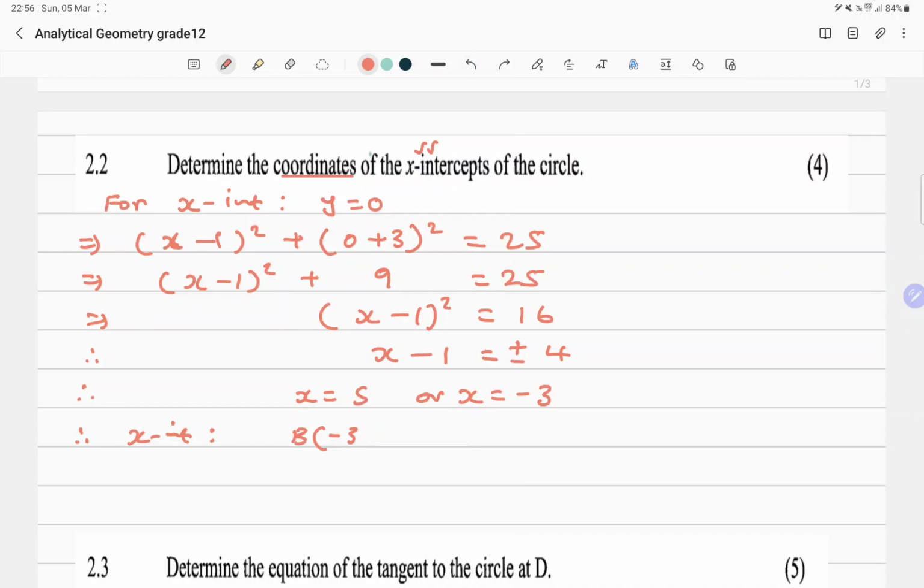Let's just write correctly. And C is the point 5, 0. So that's how you solve that. That's the answer. Okay, great stuff.